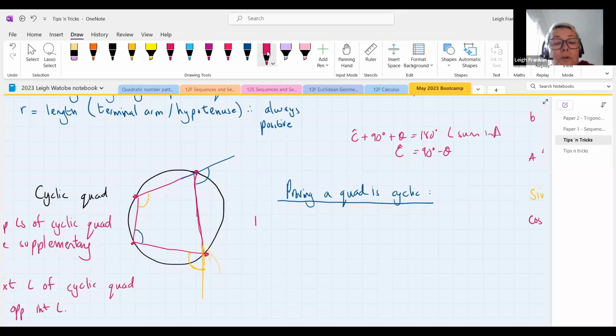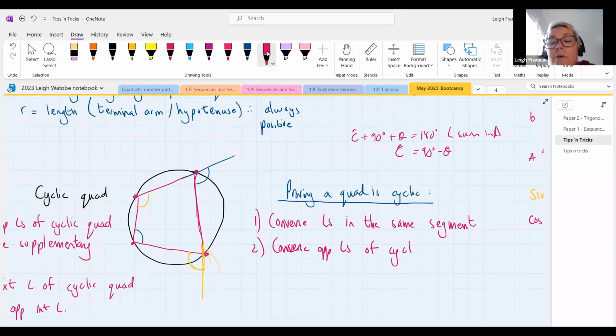The first one is converse angles in the same segment. And you have to use the word converse. The second way is converse opposite angles of a cyclic quad are supplementary.